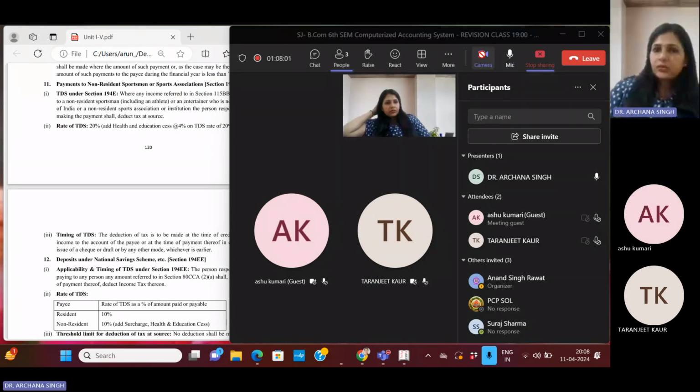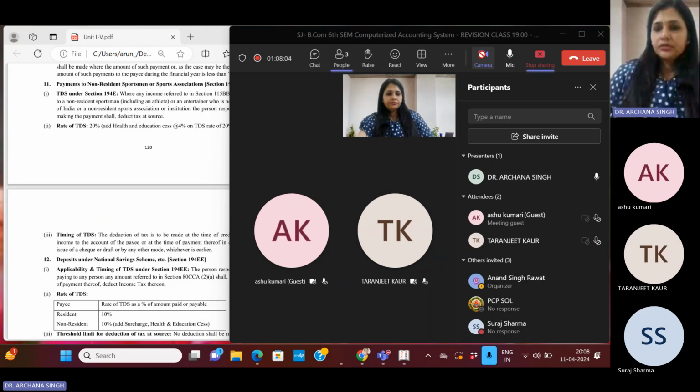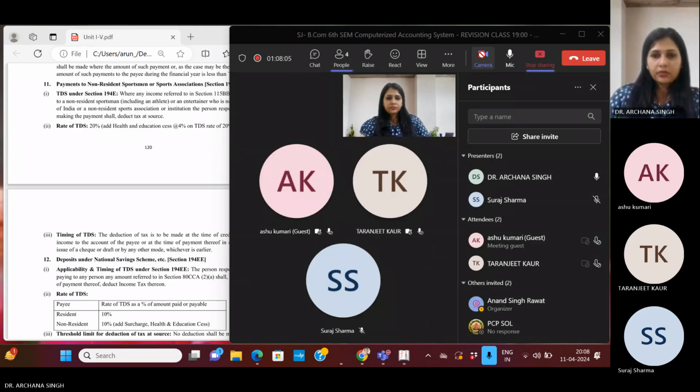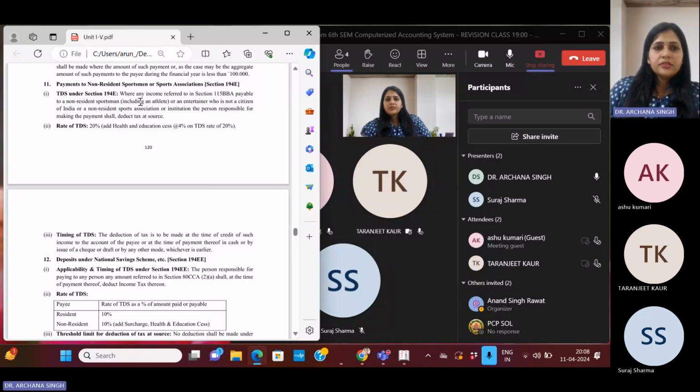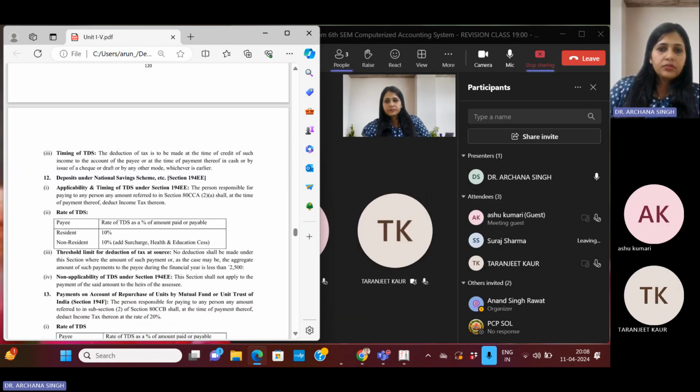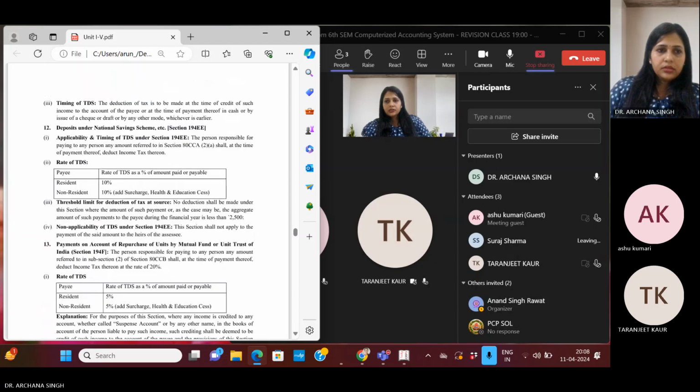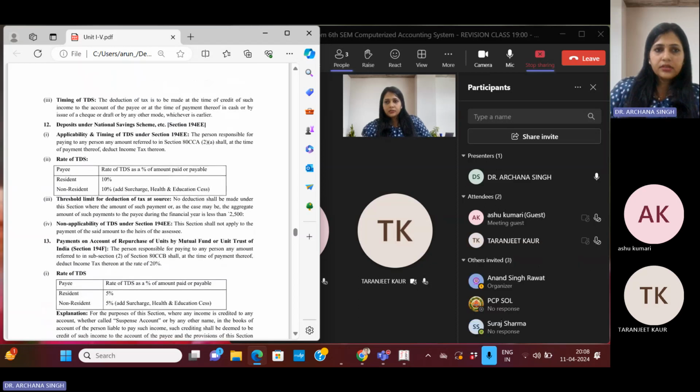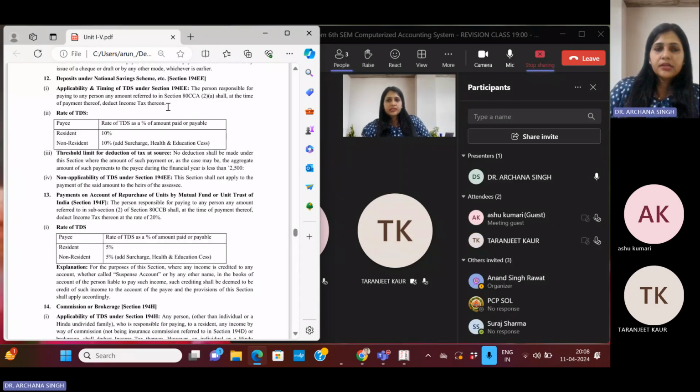Okay, so we are continuing this session. Payment to a non-resident sportsperson or sports association, we had discussed. Now next is the time deposit under the National Savings Scheme, that comes under section 194EE.